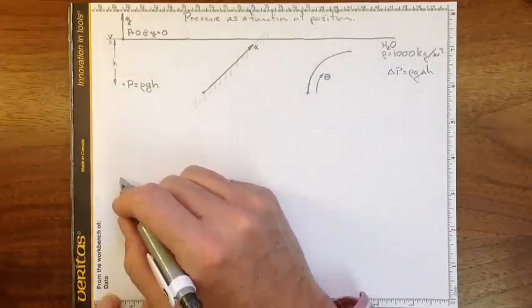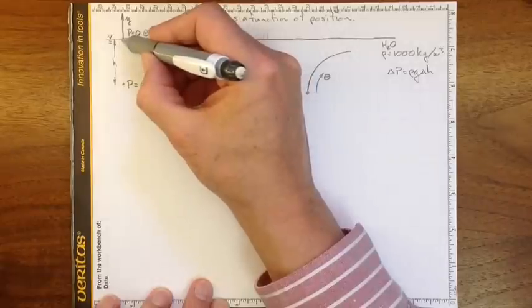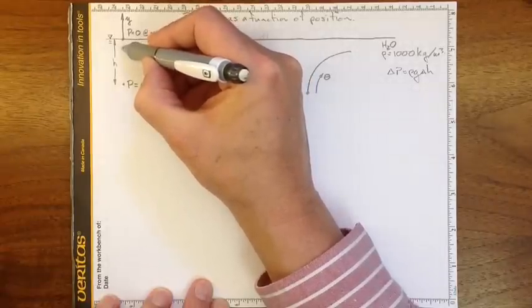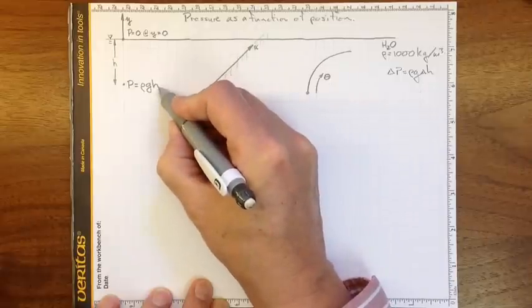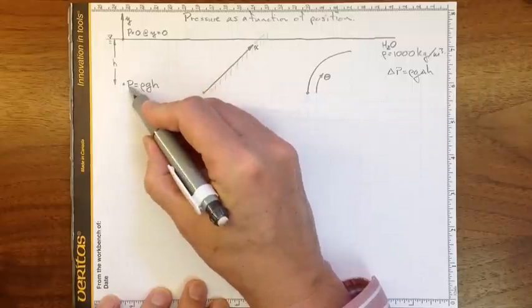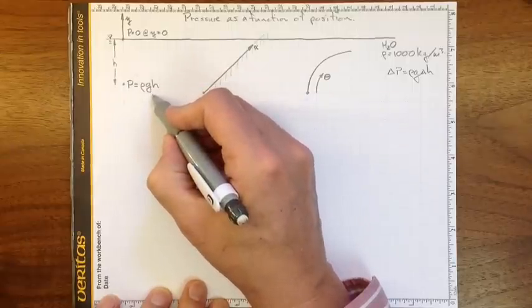If we made our coordinate system such that it started at 0 and increased positively in this direction, then H would be that coordinate, and writing the equation would be easy. But often we need to put our pressure in terms of other coordinate systems.